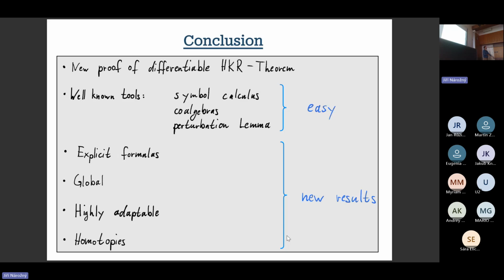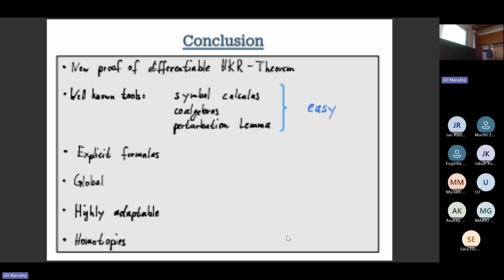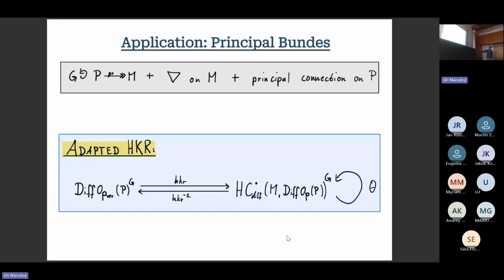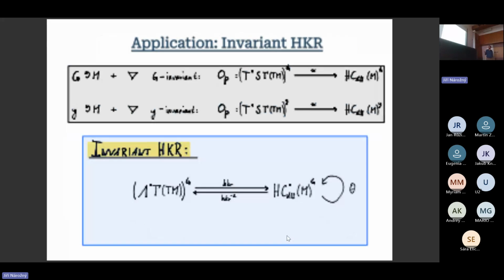So multi-vector fields and multi-differential operators, there are also differential graded Lie algebras, right? And the HKR map is not a morphism of differential graded Lie algebras, right? It's failing to be the algebra morphism, right? Yes.